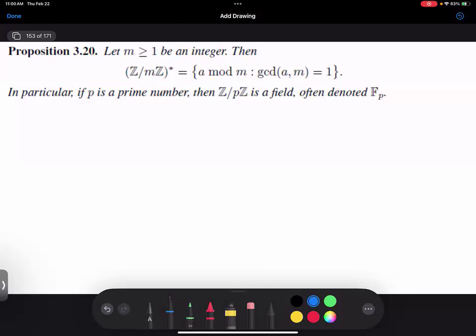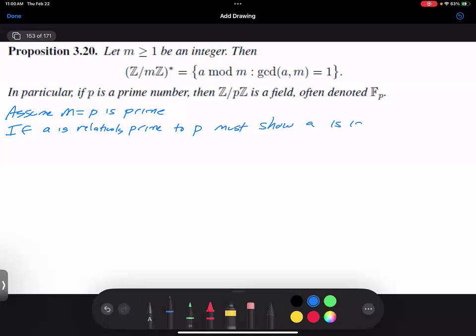What's going on? So let's assume first M equals P is prime. If A is relatively prime to P, we must show A is invertible.